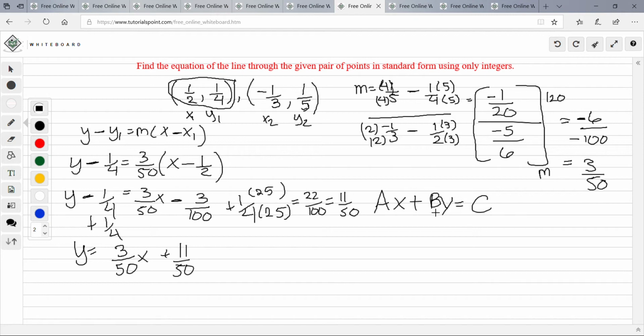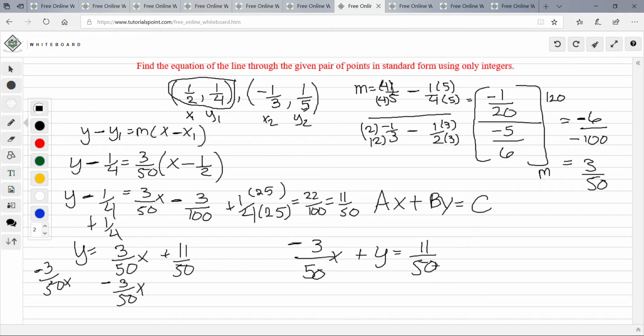Now let's move this 3/50x to the left. So I'm going to subtract 3/50x. Let me clean it up. So I'm going to put it right here. So this is going to be -3 over 50x plus y equals 11/50.